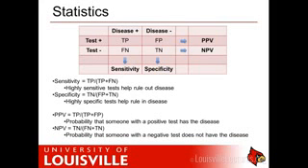But you're plugging in a test and then you're getting a result. So I put tests on the left side and then disease up top, and then you're going to use these values to calculate your sensitivity, and then these are for specificity, and then going across.